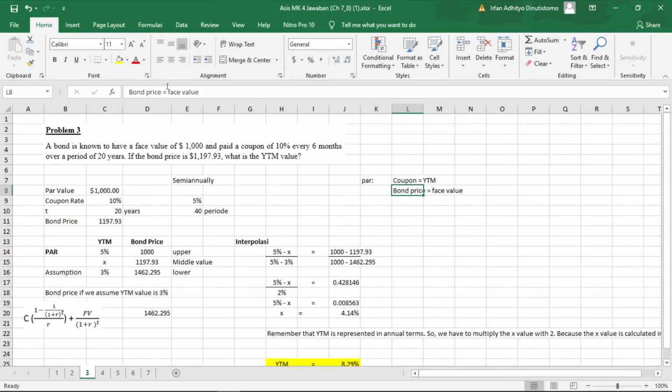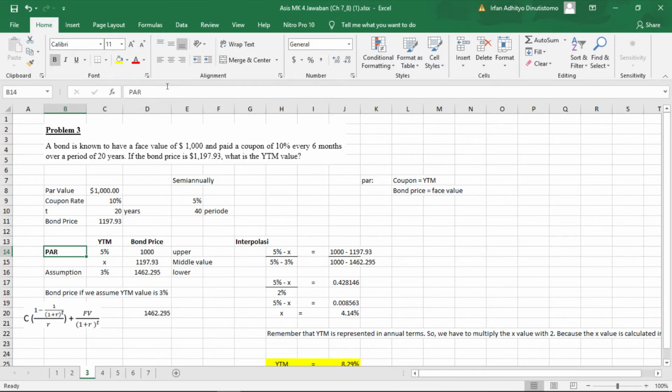So this is the concept about par. See right here, the coupon is 5%, and if we predict the yield to maturity of 5%, so we already know that if the bond has a yield to maturity of 5%, it will have a $1,000 value. So that's how you get this one.